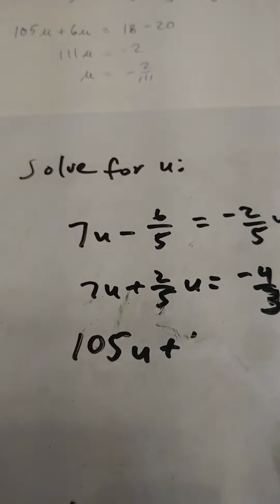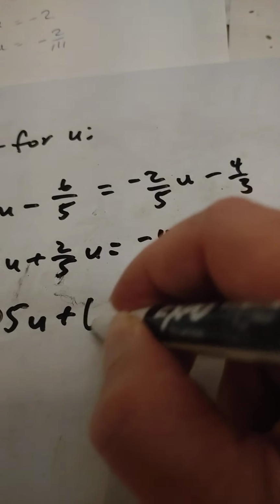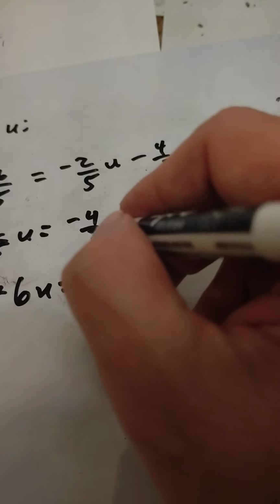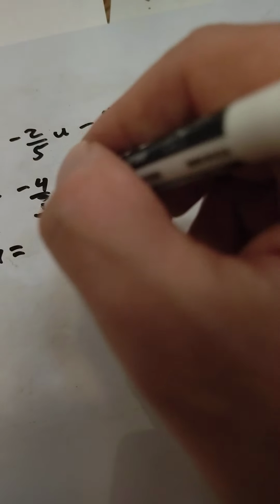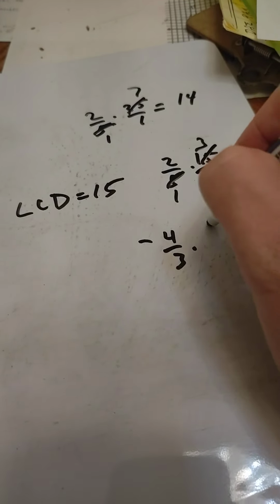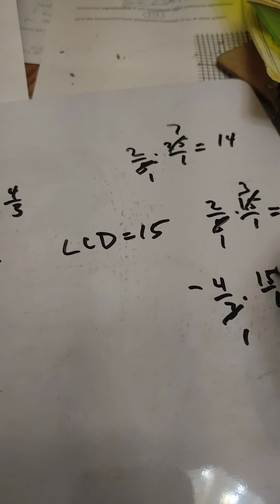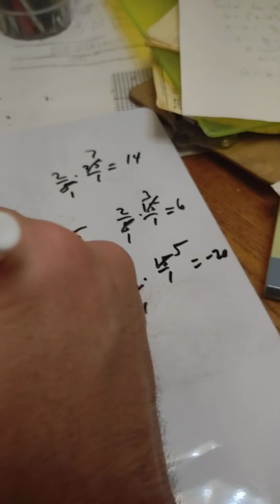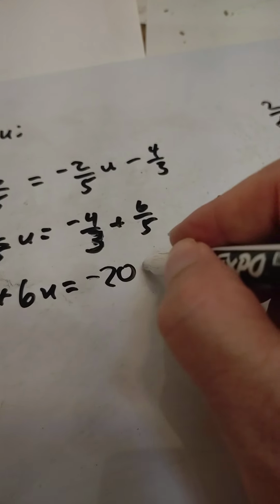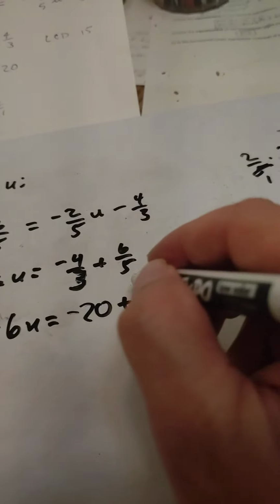So that term times 15 becomes 6u equals, what's negative 4/3 times 15? I can cross cancel here. Equals negative 20. So I'm going to write negative 20 plus, what's 6/5 times 15? That's 18.